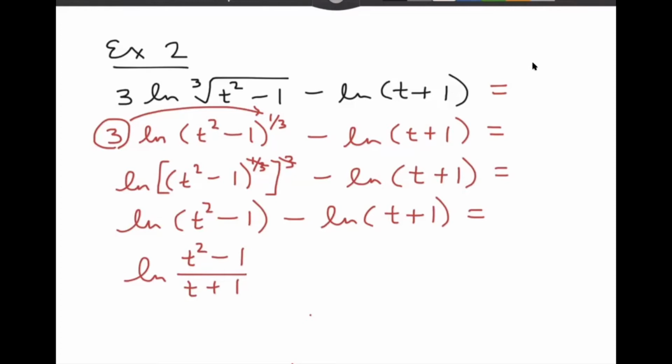So please notice that in the original expression, the domain would be, oh gosh. Well, on the one hand, you would need to have t plus 1 be greater than 0. I might be overthinking this. And that would mean that t is greater than -1. On the other hand, you would also have to have t squared minus 1 be greater than 0. Right?